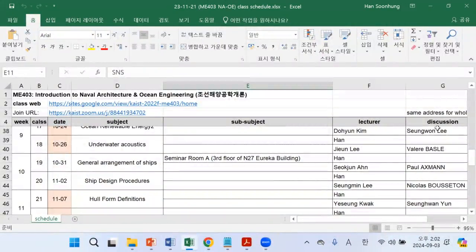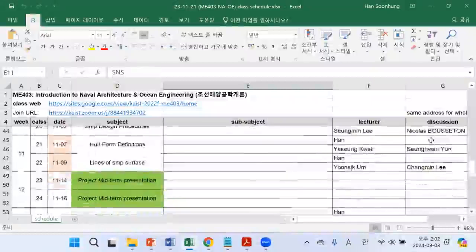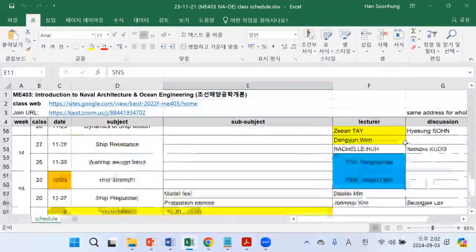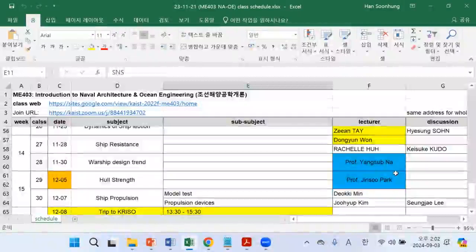And then discussion led by one of you. Right? Your names are coming out in this way. And project midterm presentation, and there can probably be 1-2 special lectures at the time.